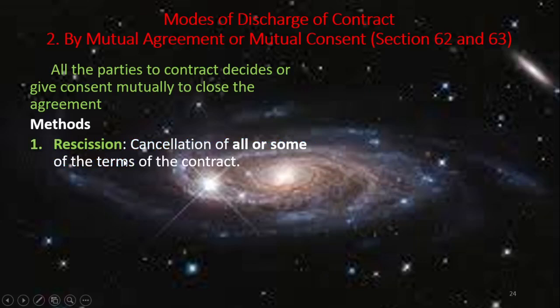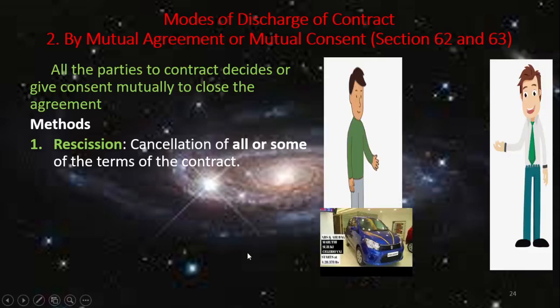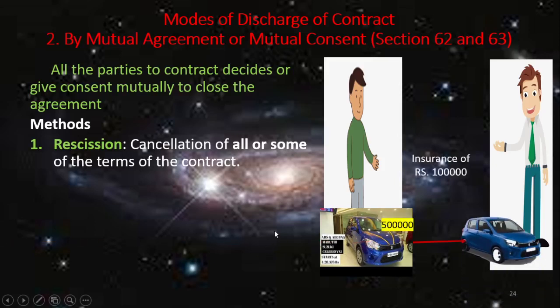And the third one, rescission. Rescission means cancellation of all or some of the terms of the contract. Here Arun is ready to sell his Celerio car. Kiran is ready to purchase the Celerio car for 5 lakh rupees. And this 5 lakh rupees also includes an insurance of 1 lakh rupees.